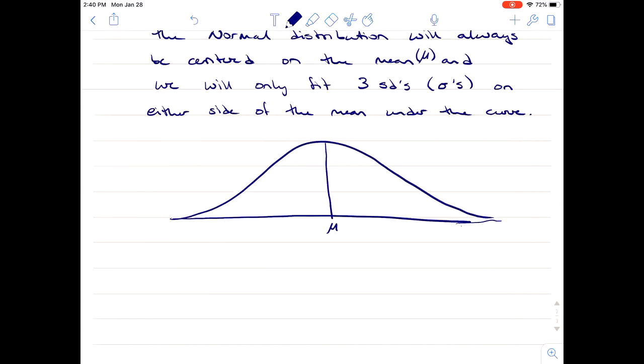There's very little room underneath the curve there. We can only move out 1, 2, 3 standard deviations on either side until we've run out of room. There's still room in the tails, but it's not large enough to care about, or maybe we will care about it just way later.